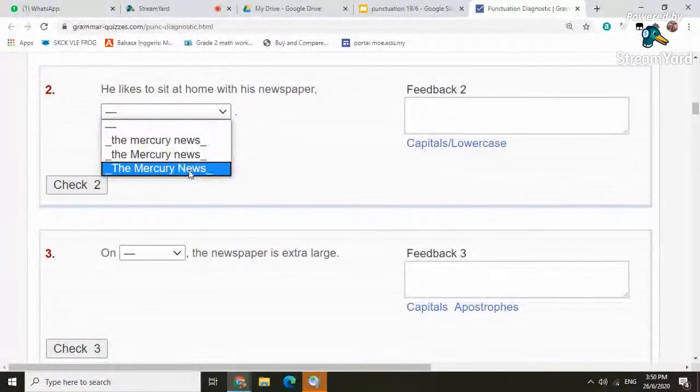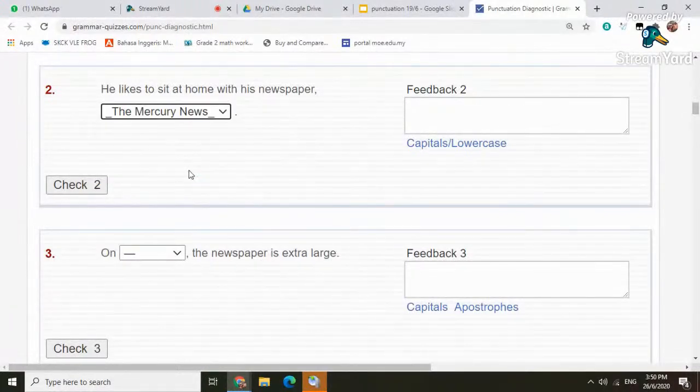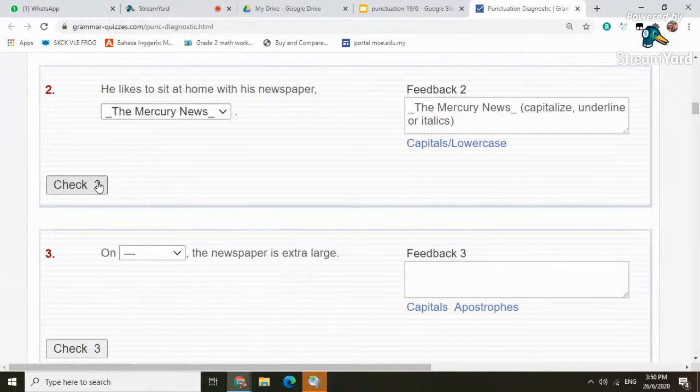Okay, some of you answered all the 3 letters are capital. Let us see. Correct answer, because the Mercury News is a proper noun, the name of the newspaper.